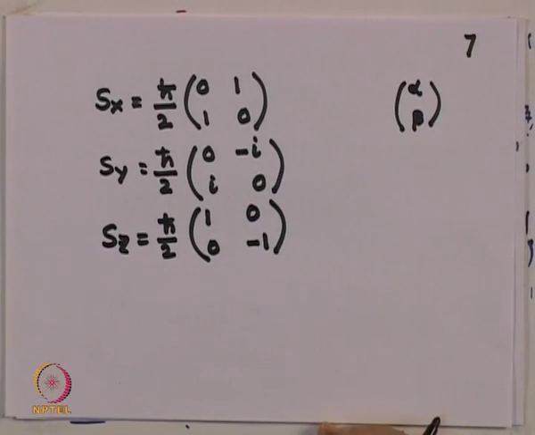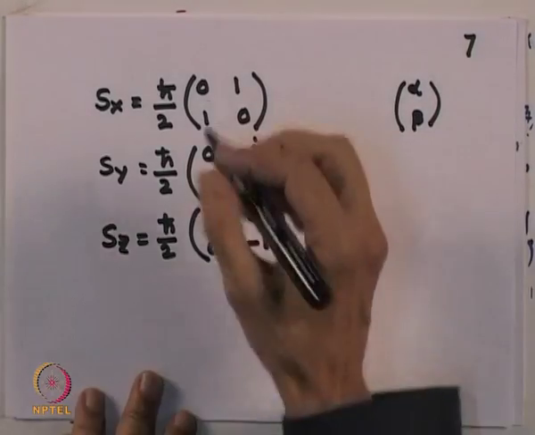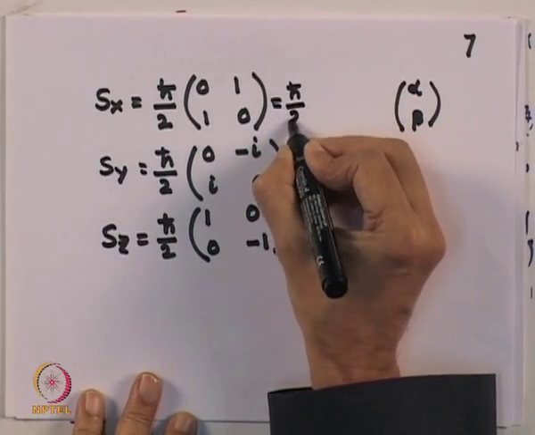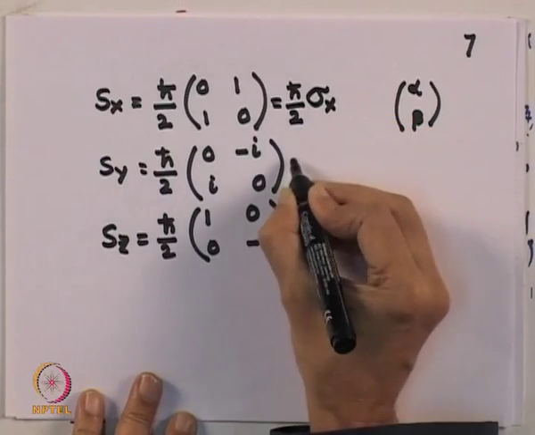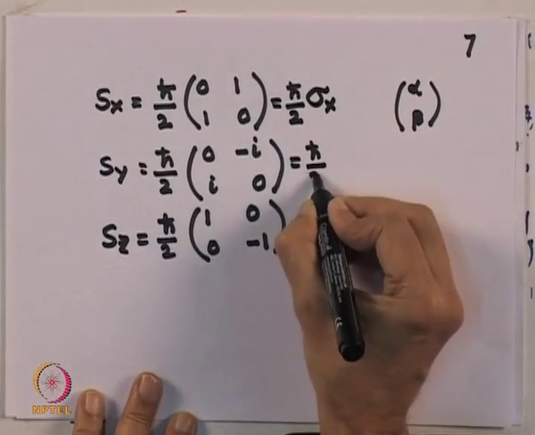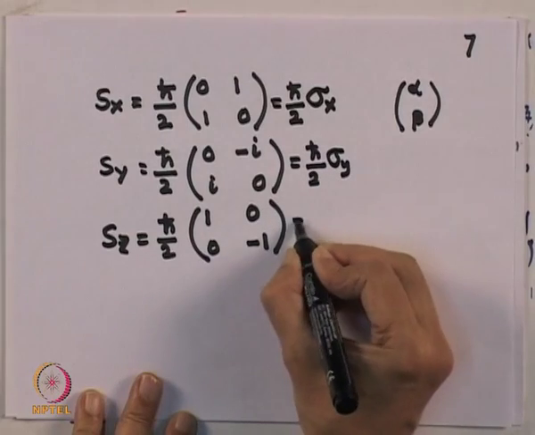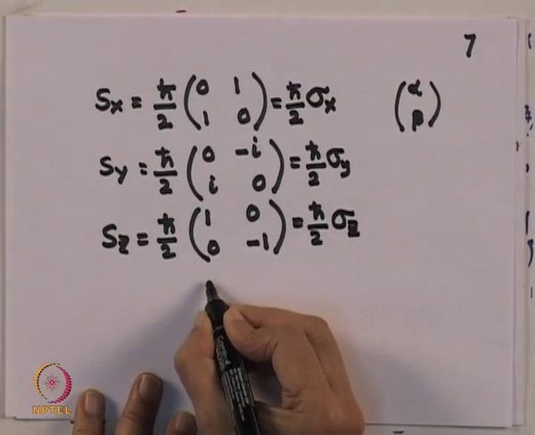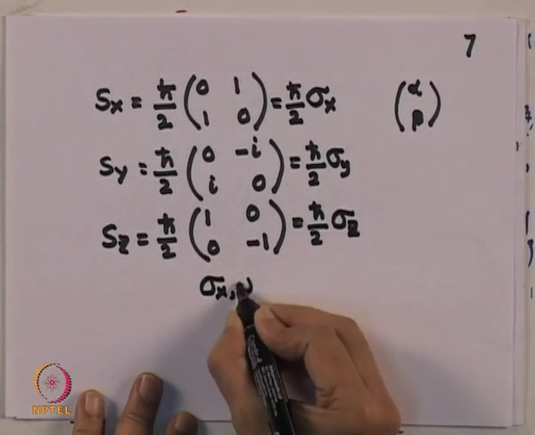Now you would wonder, why am I writing like this? These matrices, which are written as h cross by 2 sigma x, h cross by 2 sigma y, and h cross by 2 sigma z, are known as Pauli matrices.